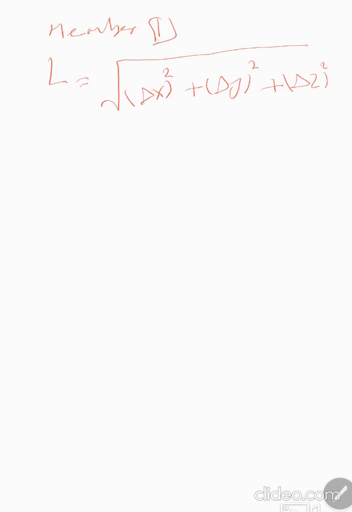You should get the values of x, y, and z from the far node and near node. Just calculate it for member number 1 only.